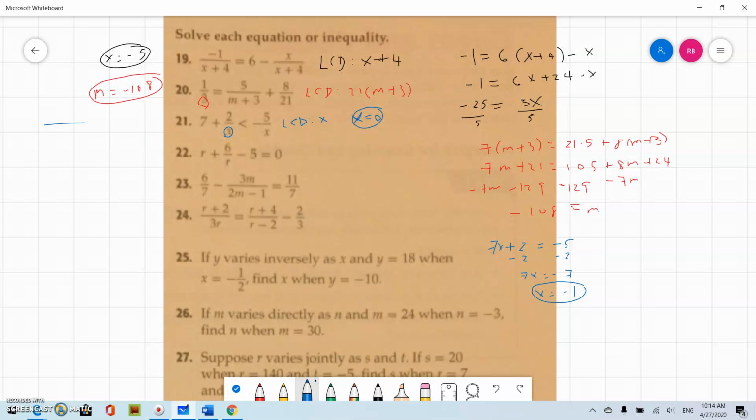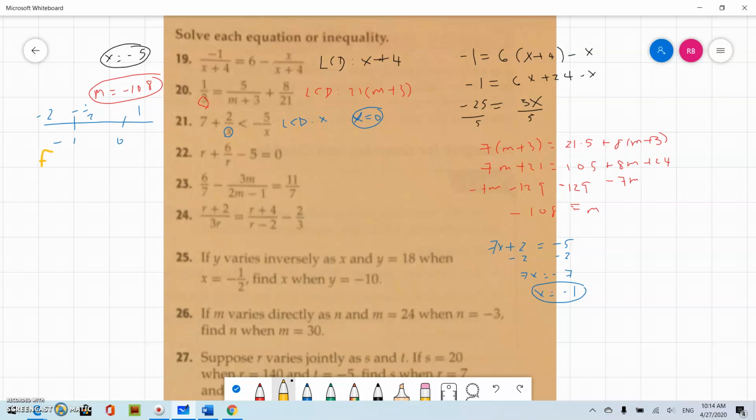And what we do is create a number line, and then we choose a number like this, plug it in, and see if it gives you a true statement or a false statement. So if I do negative 2, it's 6 is less than 2.5, that's false, right?